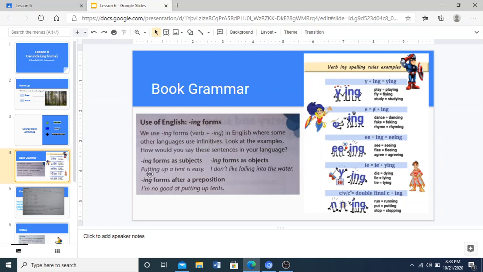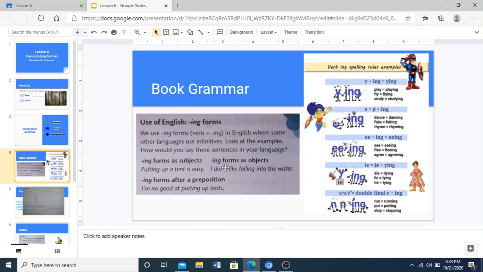And what this means is sometimes you can use the ing forms as subject of a sentence. Subject of a sentence is basically what the sentence is talking about. Now, the sentence is talking about putting up a tent. So, the ing word here is putting, and it serves as the subject of the sentence, the main idea in a sentence.